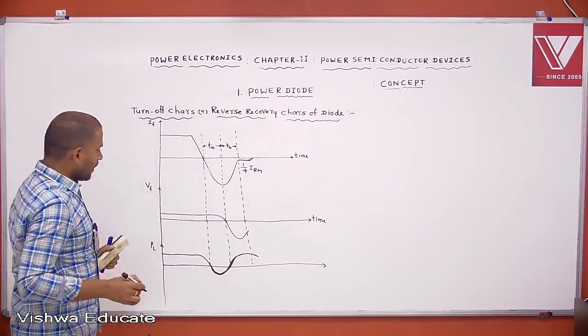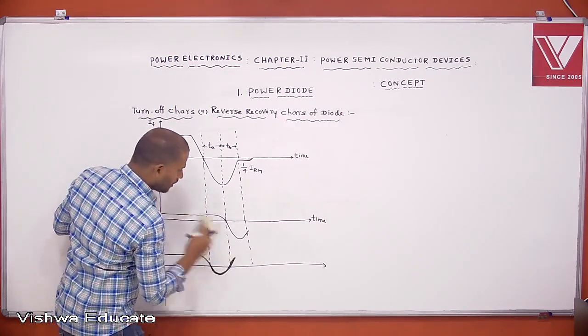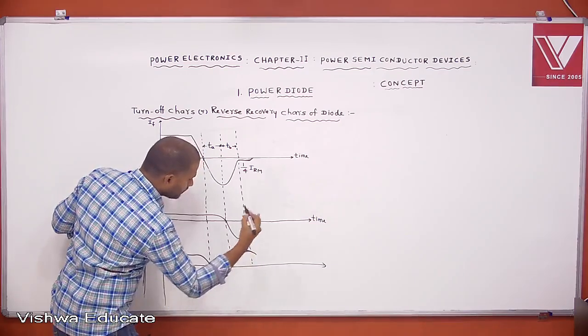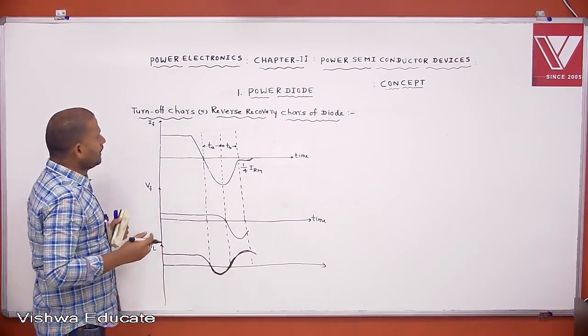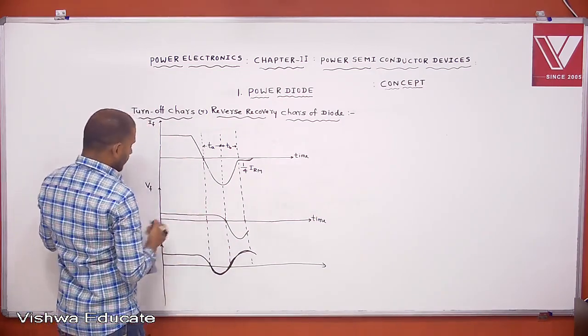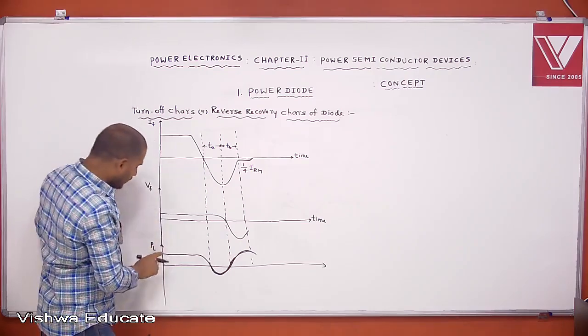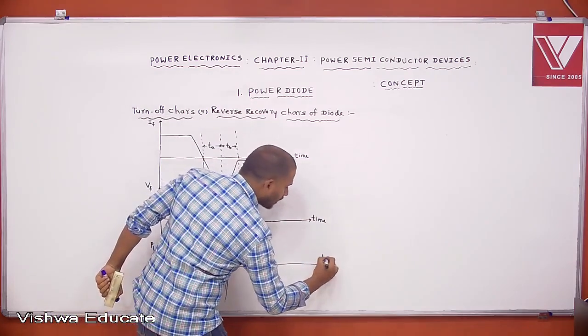The power loss is like this. This is the forward current, the forward voltage across the diode, and this is the power loss in a diode during turn-off.